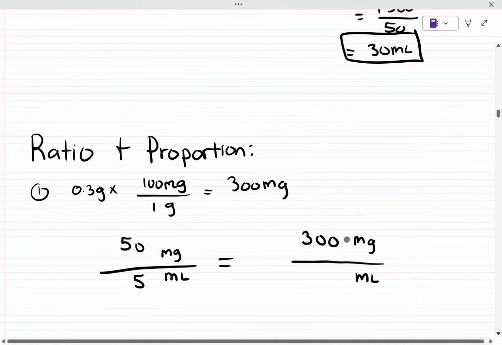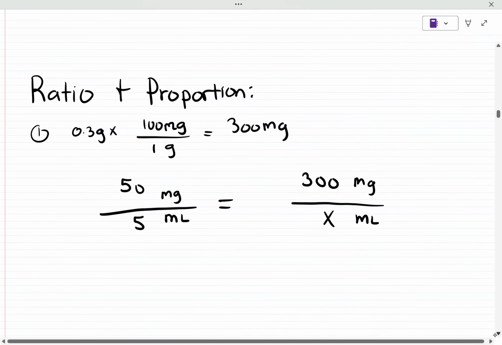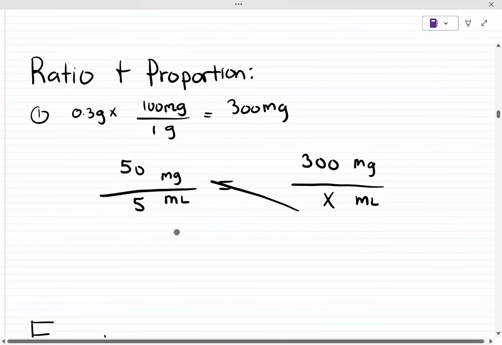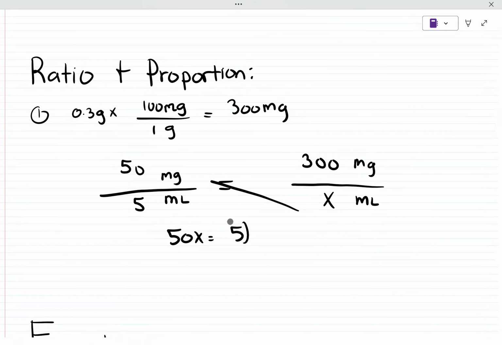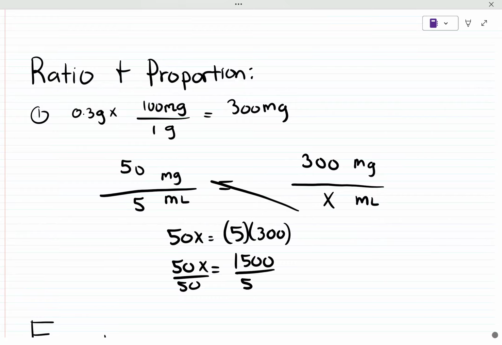We want to know how many milliliters, so that's our unknown. Cross multiply, so 50x equals 5 times 300. 5 times 300 is 1,500, and then divide this by 50. We get x equals 30 milliliters.